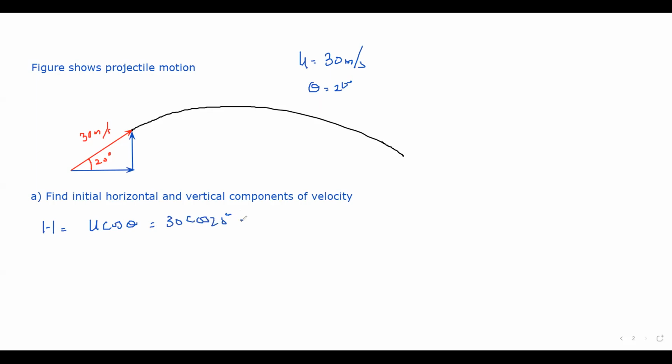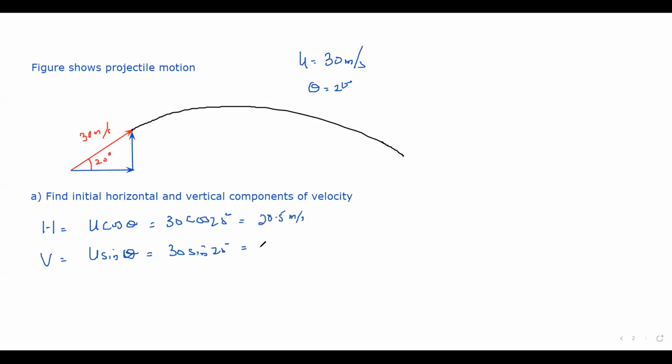What is the answer for 30 cos 20? And the vertical component is u sine theta, that will be 30 sine 20. What's the answer for 30 cos 20? 28.5 meter per second.